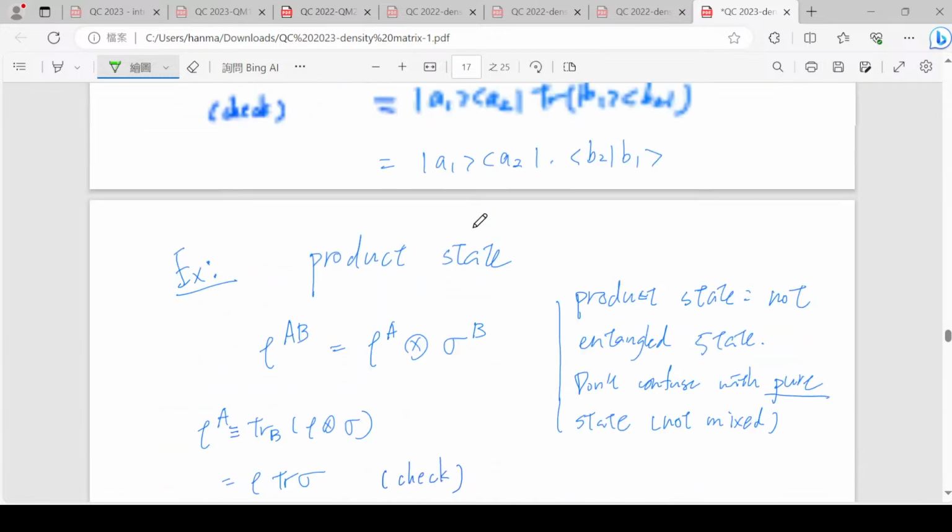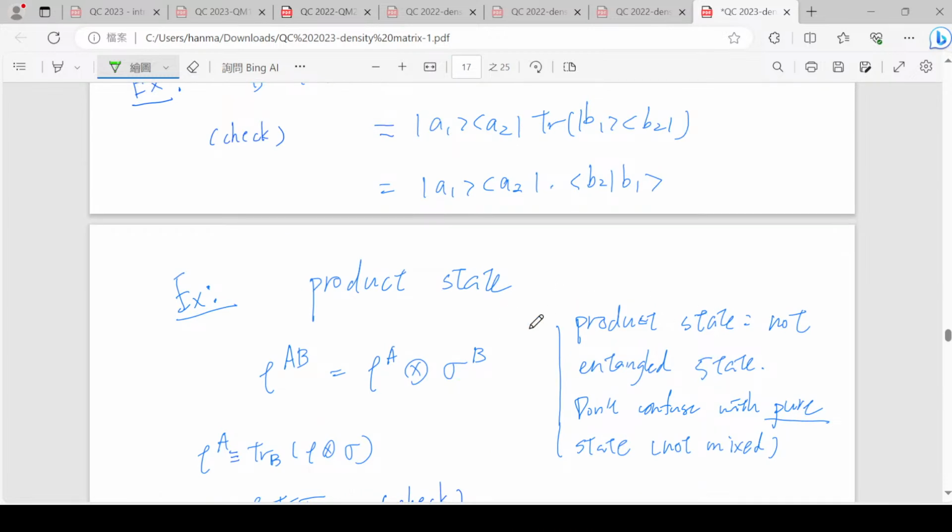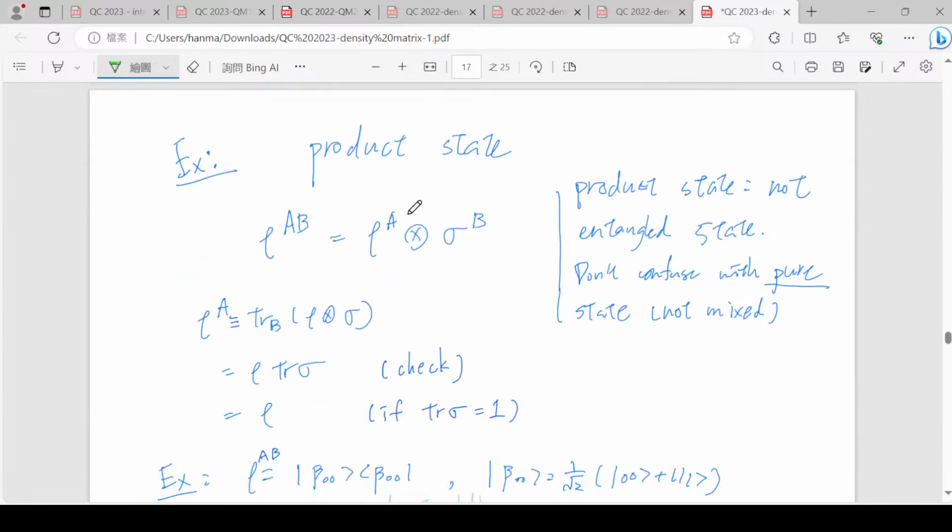And also here we introduce some notation, so product state. A product state is a state that can be written this way, and by our definition is a state that's not an entangled state. But now things can get quite confusing, because there is a difference between product state and entangled state, but there is also a difference between mixed state and pure state, and they are kind of related. We'll talk about the relation later.